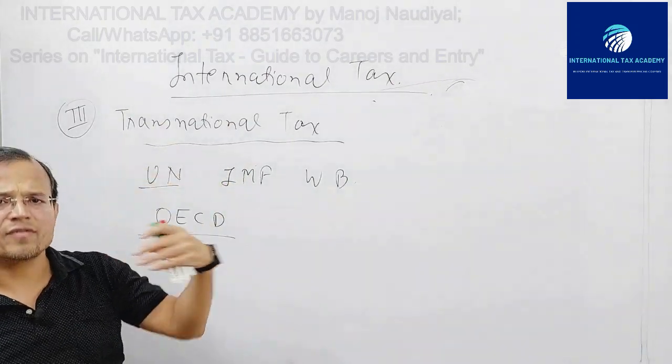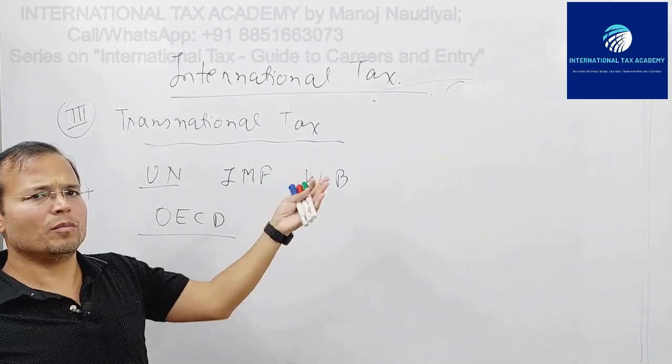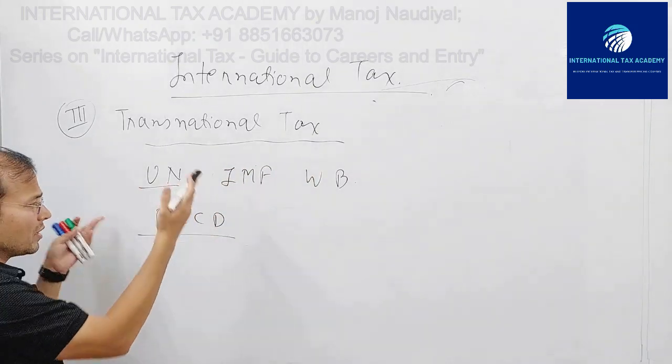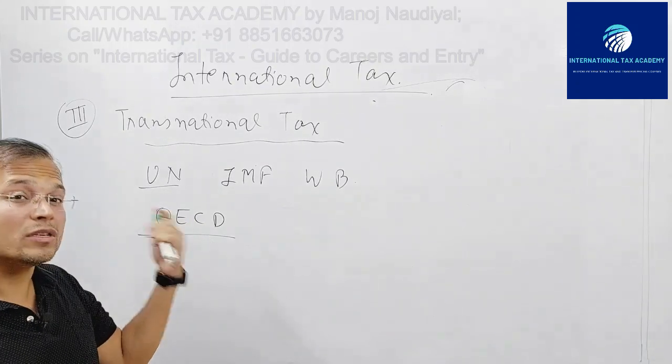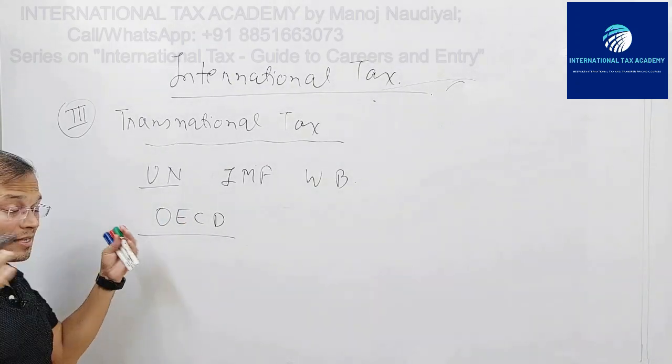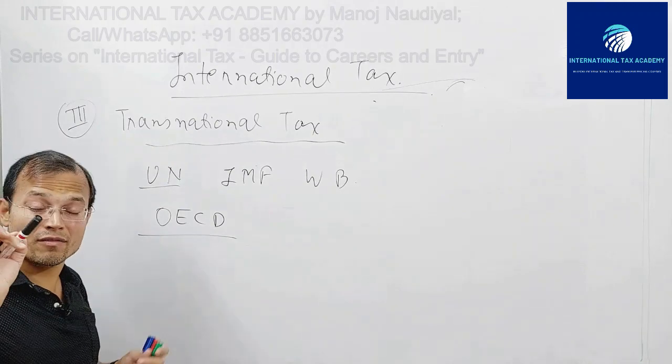Almost every country of the world is a member of the United Nations. The OECD inclusive framework as of now is comprised of 141 countries.